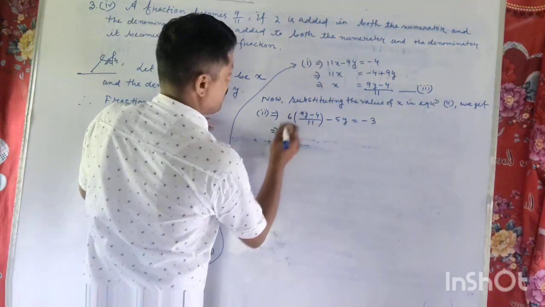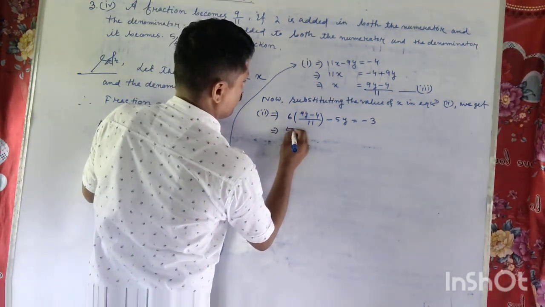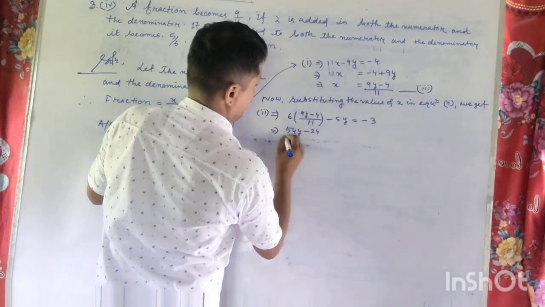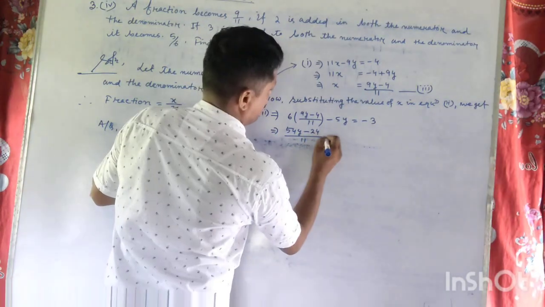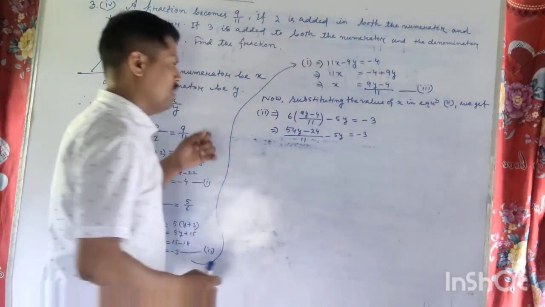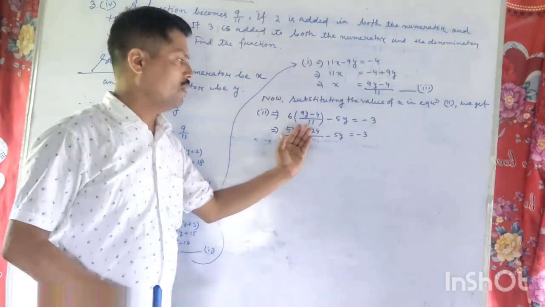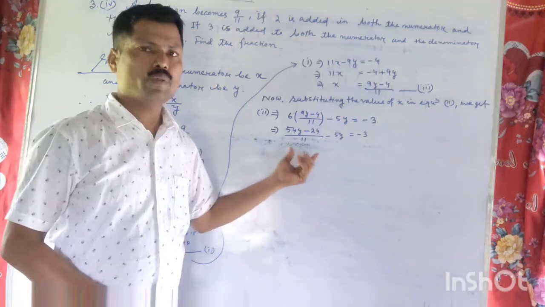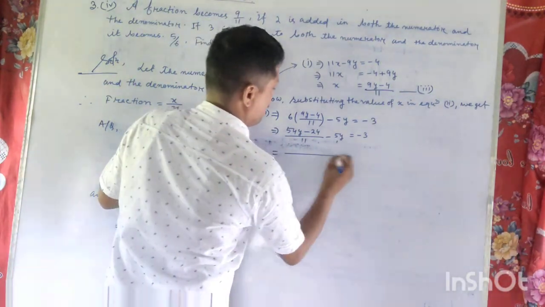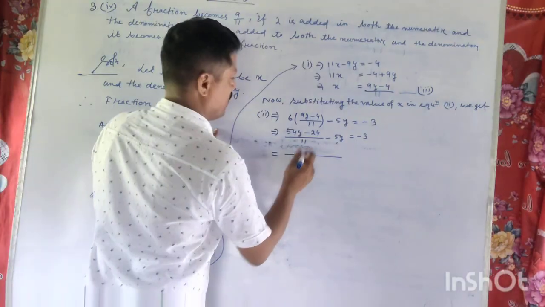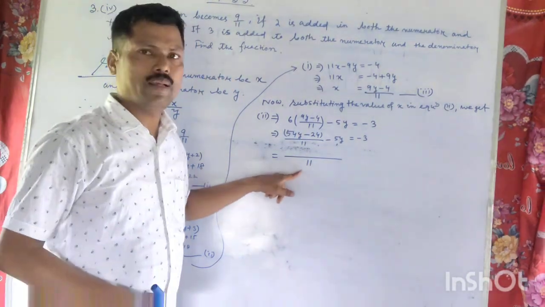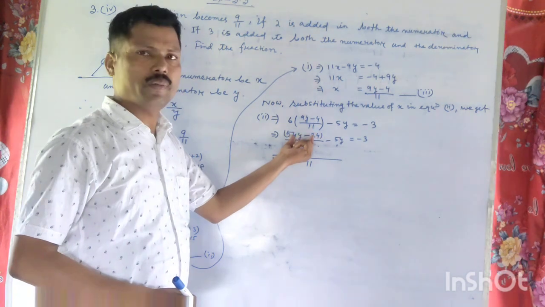Now 6 into 9y means 54y, minus 6 into 4, 24, divided by 11, minus 5y is equal to minus 3. We are having a fraction in this part and minus 5y, so we have to take the LCM, which is 11. 11 in 11 goes 1 times, so multiply with the numerator part.